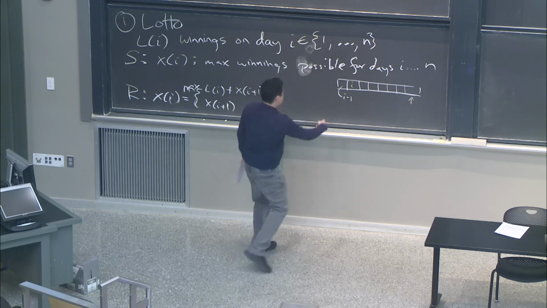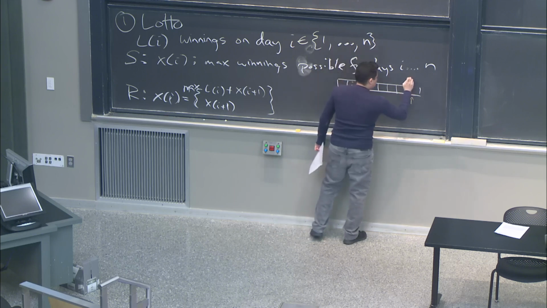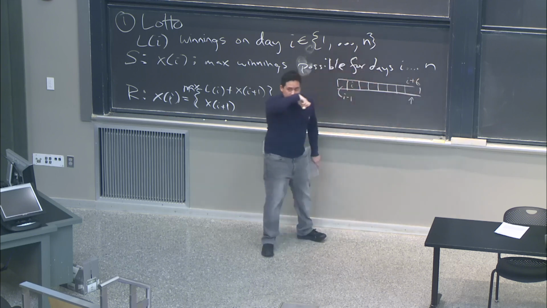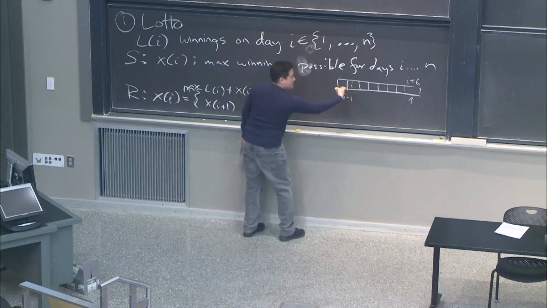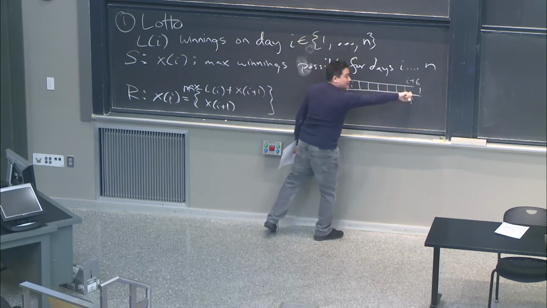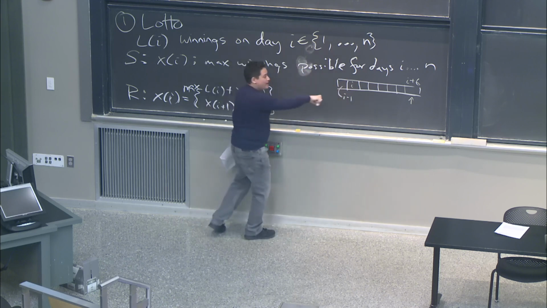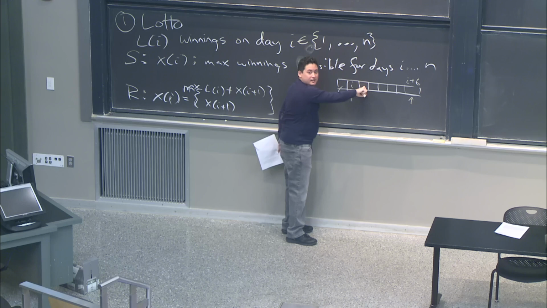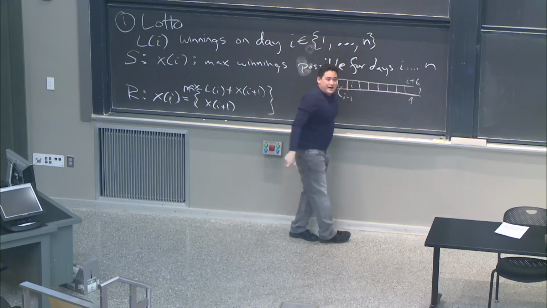So this is I plus 1, plus 2, plus 3, plus 4, plus 5, plus 6, I plus 6. So depending on what happened before me, I might not be able to play until day I plus 6. But if I haven't played since way back here, I could potentially play the next day. I don't actually know which of these I can play on next.